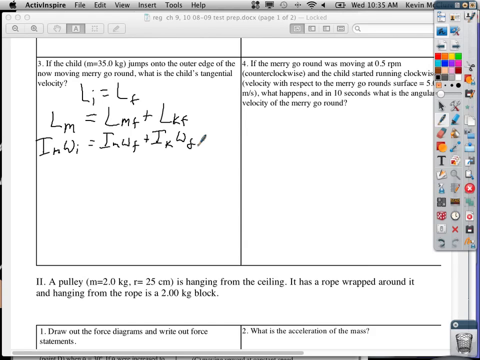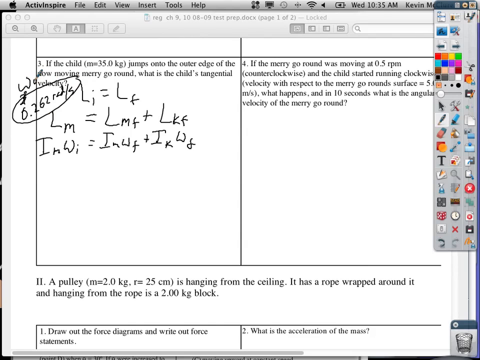So what was the initial angular velocity of the merry-go-round? 2.5. So what did I convert that to? 0.262 radians per second, right? That's omega 0. That was the original. Because we need that, right? So then, what is the child's tangential velocity?